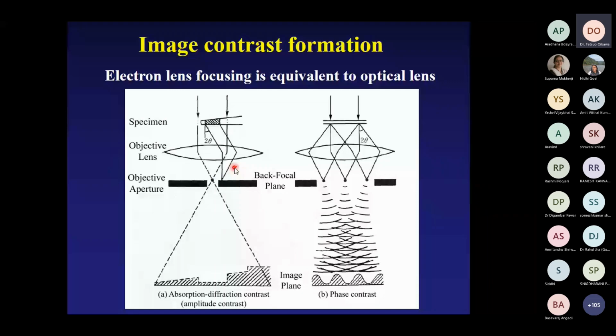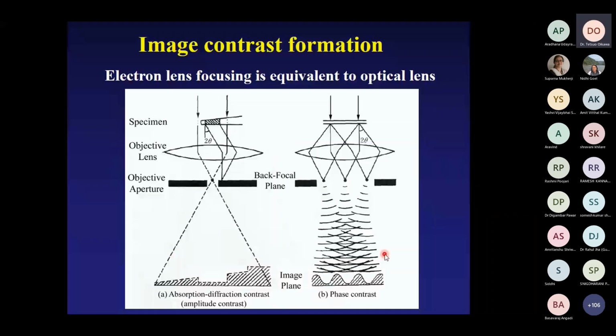This contrast is called the diffraction contrast. With a small-diameter objective aperture, we can clearly observe scattering, absorption, and diffraction contrast. This intensity is the amplitude of the electron. This image formation is quite similar to the optical light microscope.